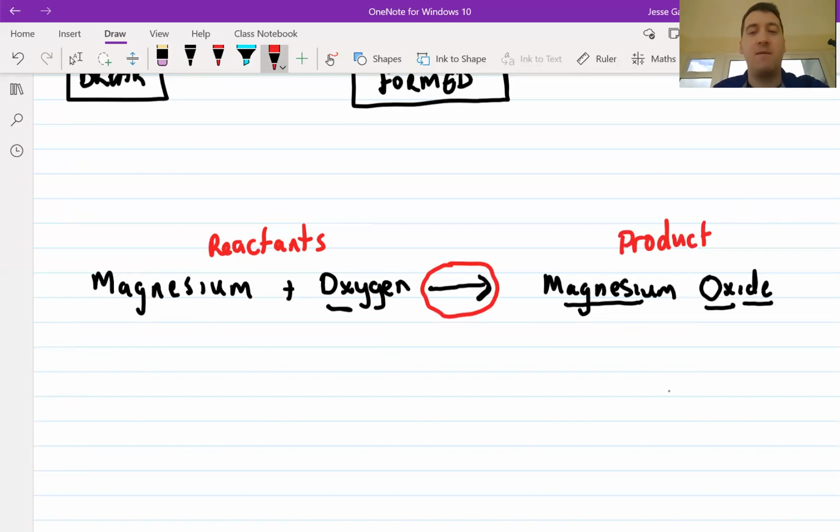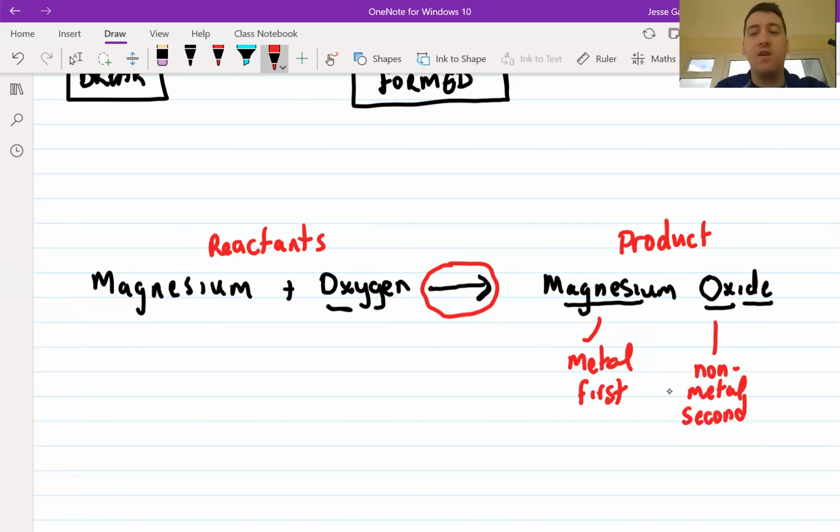A reaction is happening. And then on the right-hand side of that arrow, we're going to write down the names of the products. Now we're forming a compound, so we need to know how to name it. When we're naming a compound, we put the metal first. Then we put the non-metal element second.